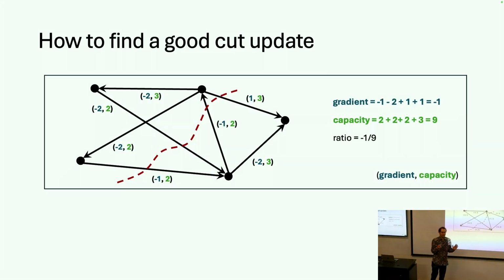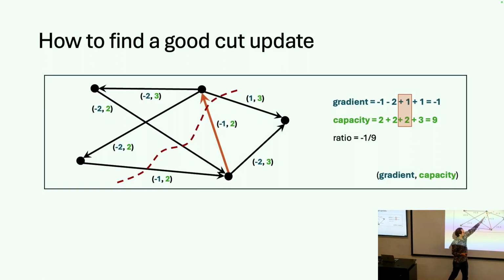So for a given cut, we evaluate it by computing its ratio. How do we do that? We take every edge that crosses the cut, add up the gradients and the capacities. But for the capacities, we don't care what the direction of the edge is, only for the gradient. For the gradient, we flip a sign if the edge goes against the cut.